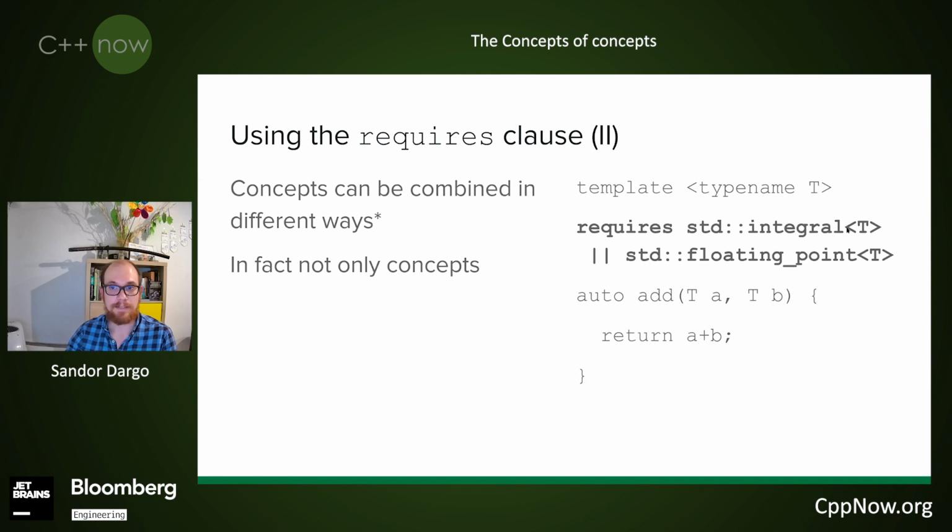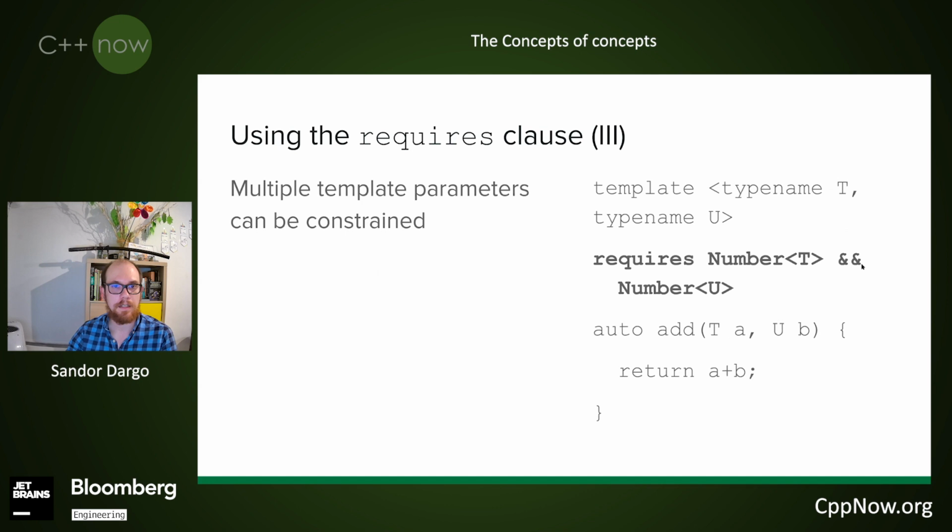So in this case, basically we inline the concept number. We say that T must be either an integral or floating point. The point is that you can use this kind of combination, and you can also constrain multiple parameter types. And if your concept uses multiple types, you can use that one too. Why is this important here?